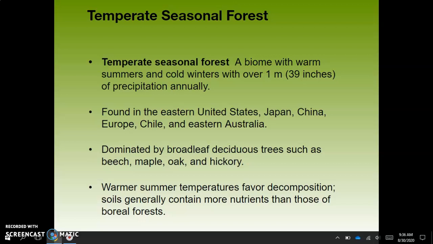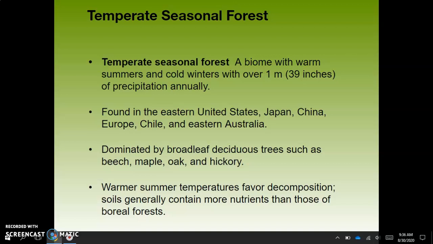A temperate seasonal forest or a deciduous forest, this is where we live. This is a biome with warm summers and cold winters with over 39 inches or 1 meter of precipitation annually. These are found in the eastern U.S., Japan, China, Europe, Chile, and eastern Australia. These are dominated by broadleaf deciduous trees, so beech, maple, oak, and hickory trees.